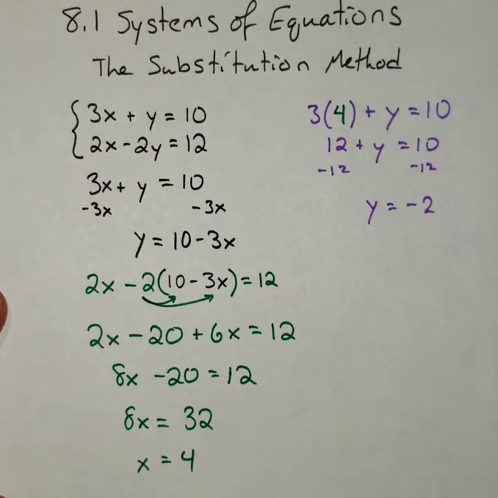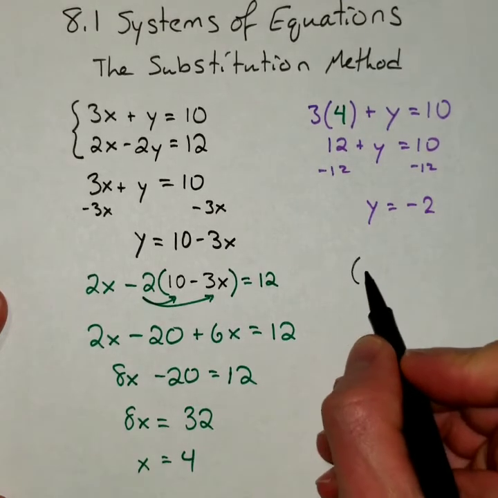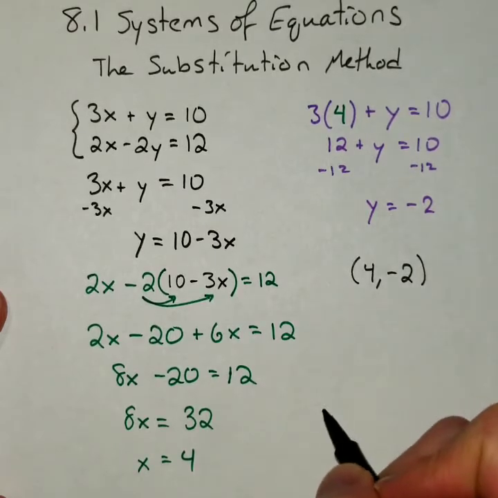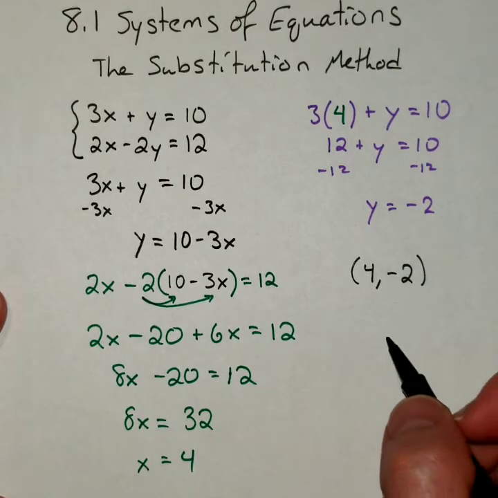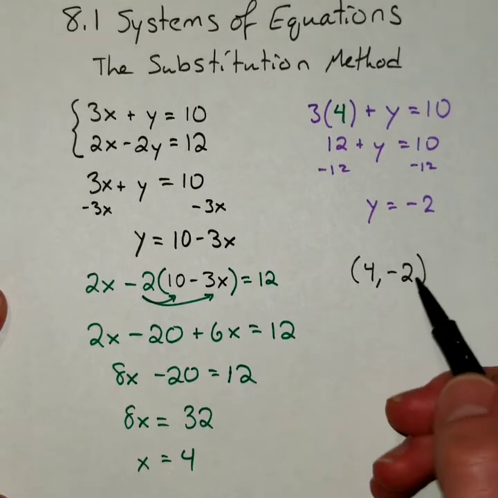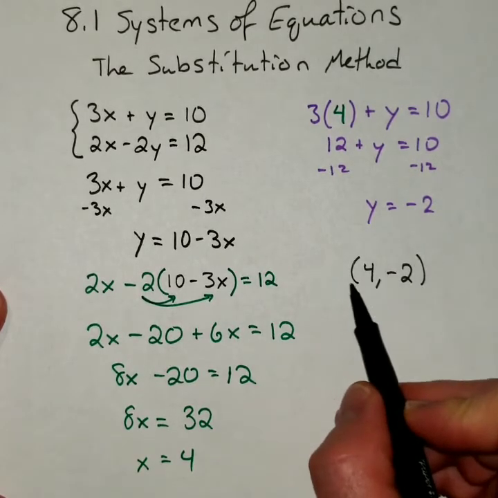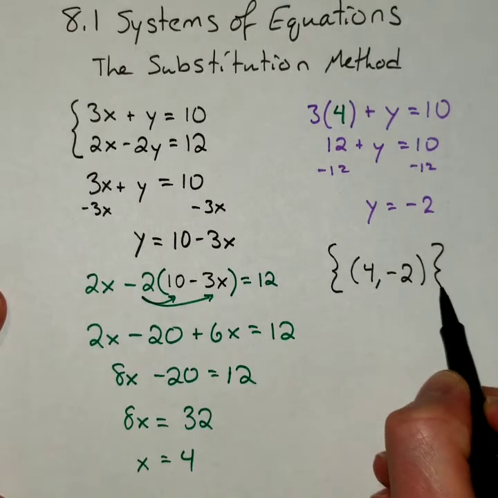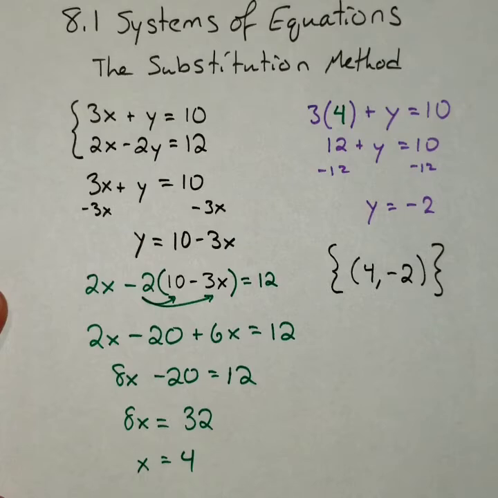Alright, so final answer is going to be the point 4 comma -2, and of course because we're solving equations, we want to use a solution set to represent this answer. So we're going to surround this thing with set notation. Okay.